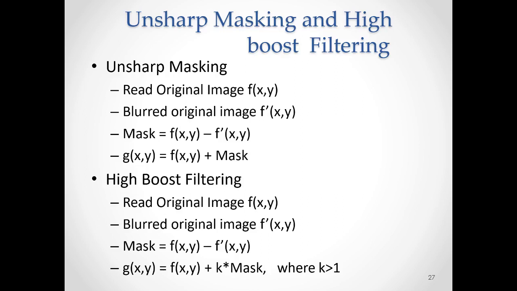For example, if we consider this pixel as f of x, the next pixel value will be f of x plus 1. The previous pixel value before this pixel is f of x minus 1. So, we can use these values in this definition and we can define the first order derivative and second order derivative. So, f of x plus 1 minus f of x: this value minus this value will give the first order derivative.